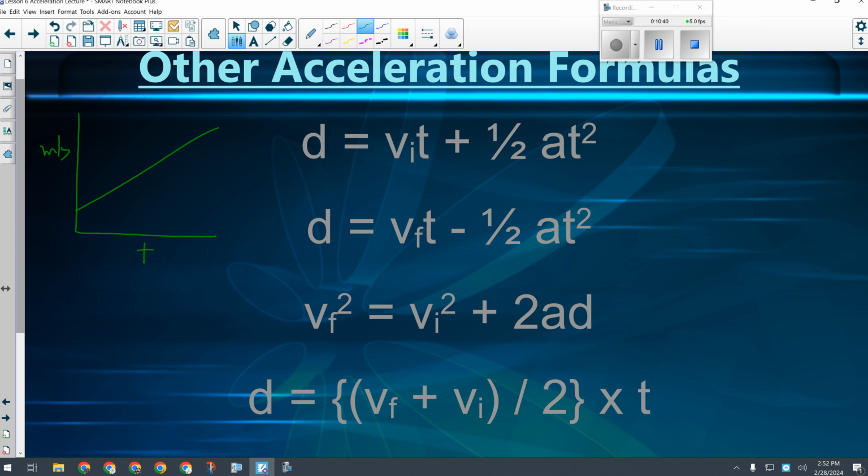When we find the area underneath this line, we are essentially looking at two different types of motion. We're saying if the object didn't accelerate, it would move at this velocity for the entire time. And then I would just go v times t, and I would have this box.